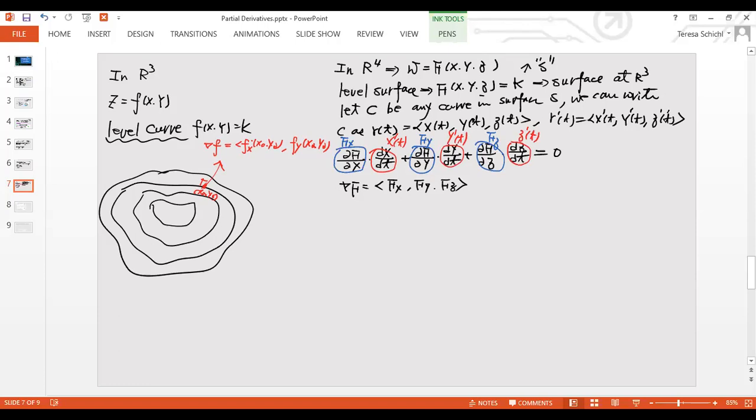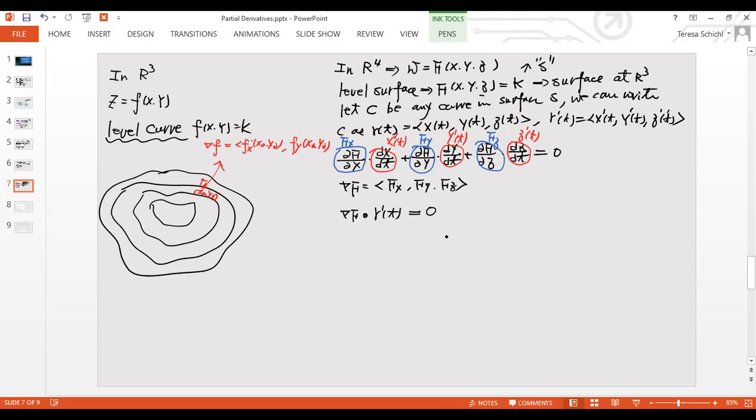So now I have del F, and I know del F dot product r prime(t) will give you the above, which is equal to 0.